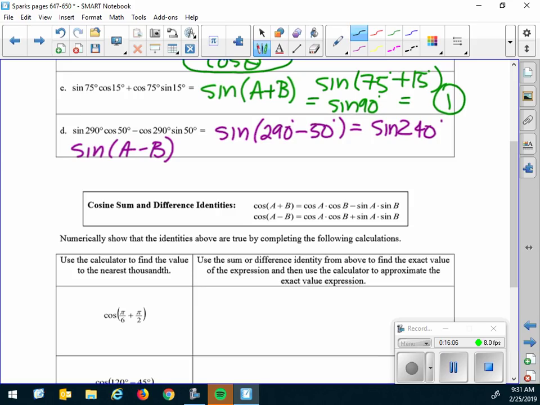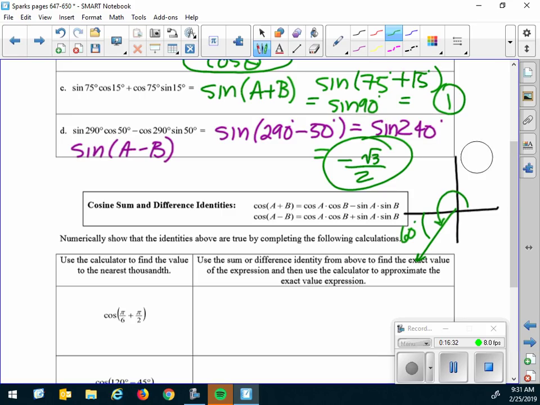Well, let's remember where 240 degrees is. 240 degrees is in quadrant 3 with a reference angle of 60 degrees. So the sine of 60 degrees is square root 3 over 2, but in quadrant 3 it's negative. So negative square root 3 over 2.